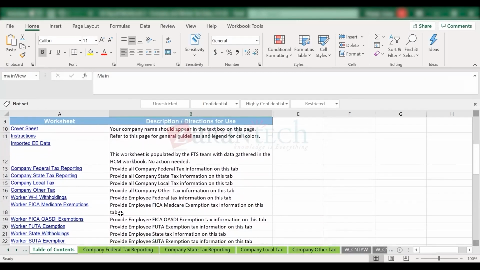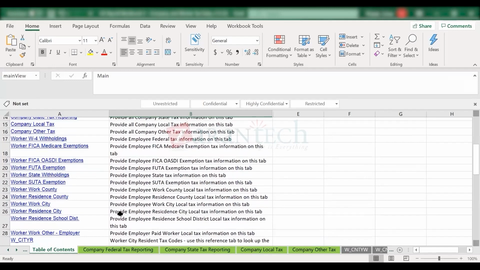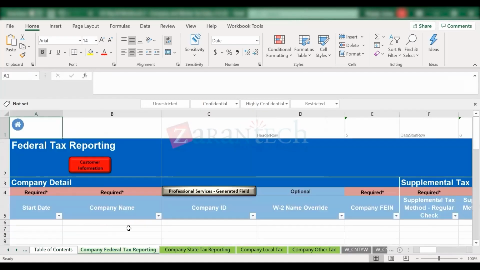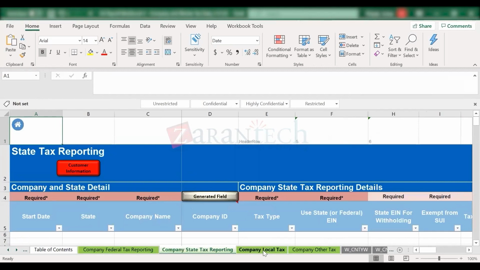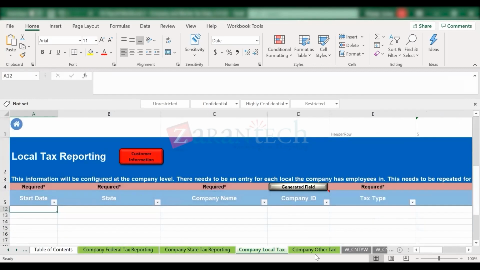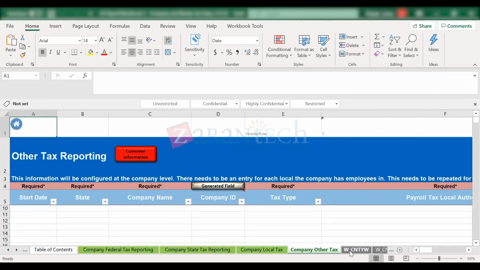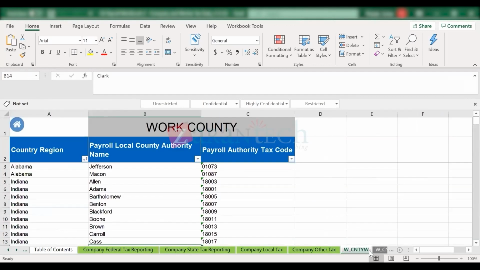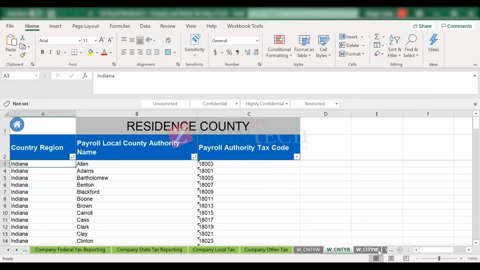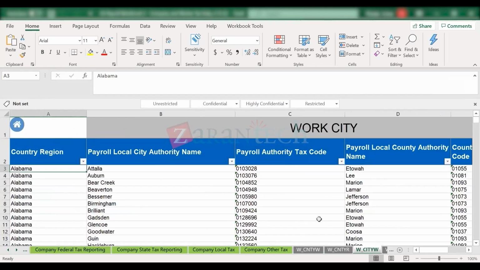So this is the tax workbook where you have company federal tax, company state tax, company local tax, if there are any other tax, and then there are cross-reference tables for county, work county, resident county, city. So this is how it looks like.